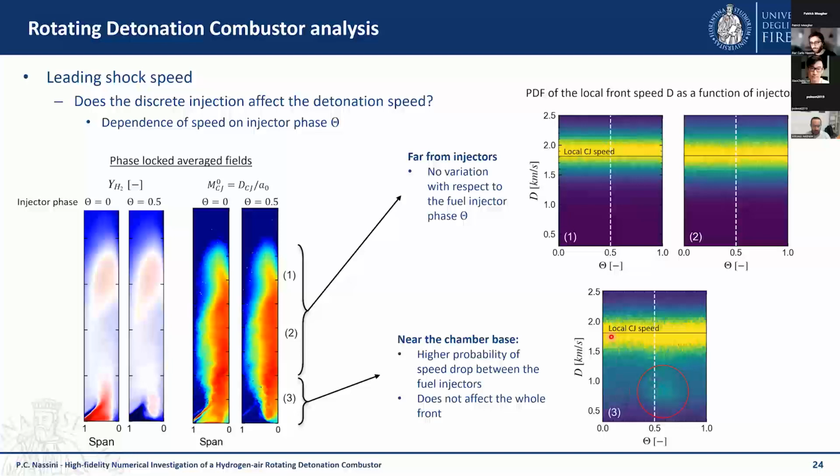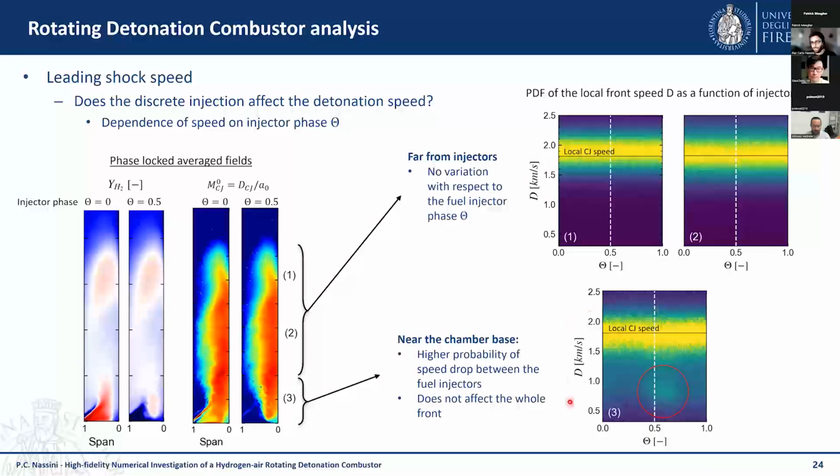Again, this is showing that the speed, also at the bottom of the combustion chamber, is mainly moving at the CJ speed, but we have a preferential fluctuation of the detonation speed right after the position corresponding to 0.5 in the phase of the injector, which in other words means that right after the position in between two injectors, the detonation front is periodically showing a reduction of speed.